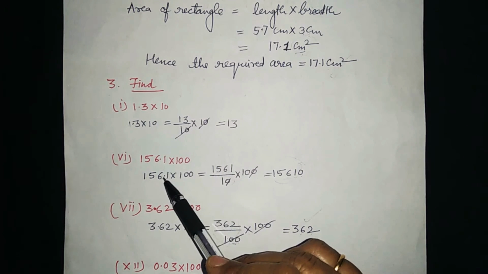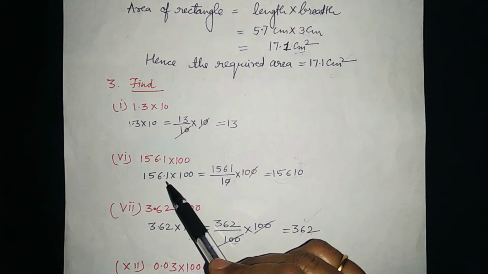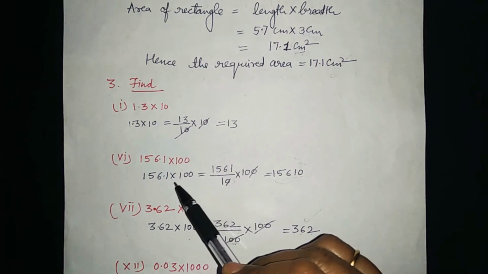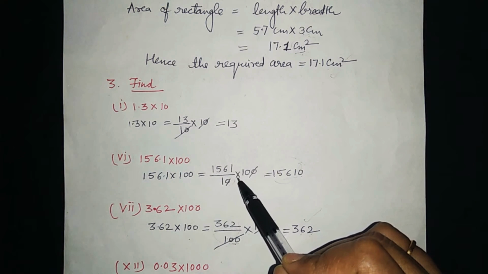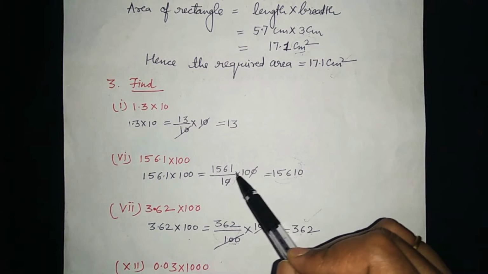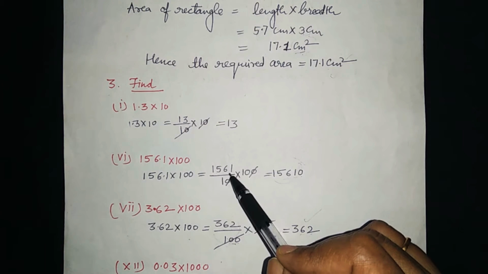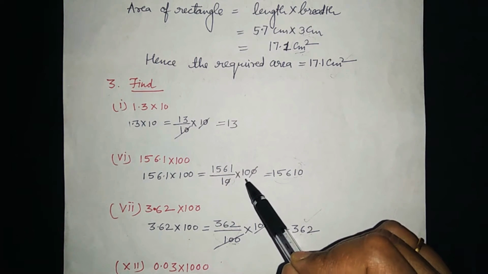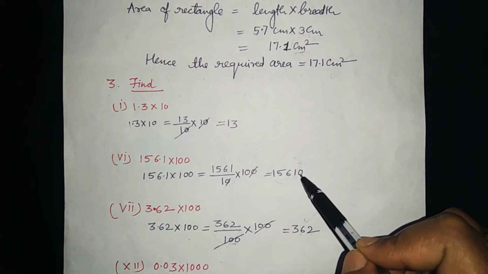Because here after decimal you can see one digit only. So here you will write 10 because 10 has only one zero. Now into 100. 0, 0 we will cancel. And here 1561 into 10, 15,610.